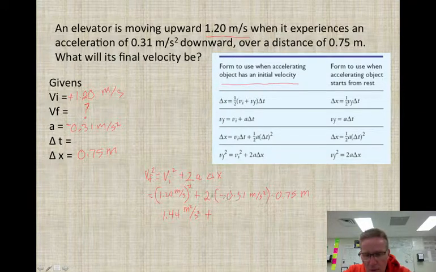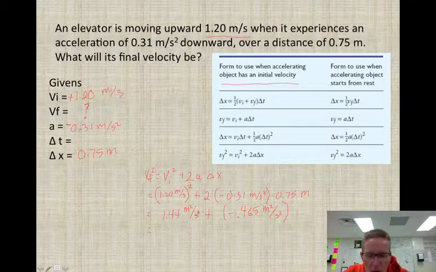Then when we multiply all this out, we should get a negative 0.465, and that's also in meters squared per second squared. That lets you know that you're doing things right, because you really can't add things that have different units. You shouldn't be able to do that.